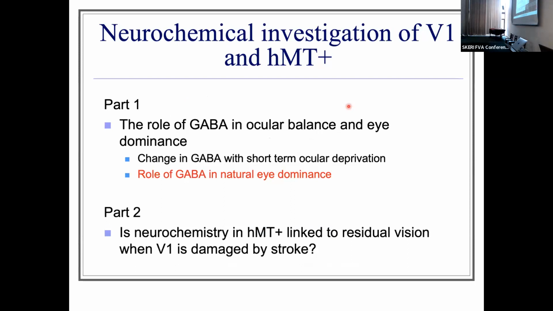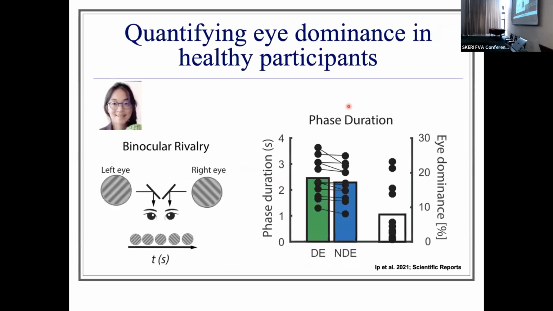But what about in the sort of natural eye dominance? So what role does GABA play in our eye dominance? So not in terms of amblyopia, but just within the population where we do get this variability. So this is work done predominantly by Bettina Ip in my lab. And again, it used the binocular rivalry paradigm to measure eye dominance.